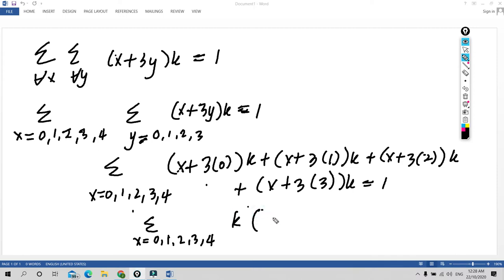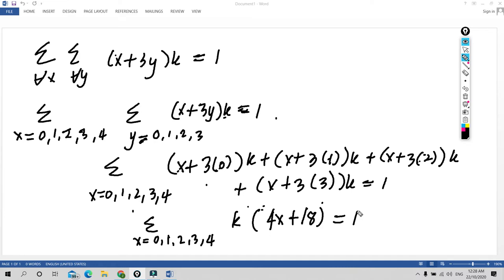We have 1, 2, 3, 4x, plus 3 plus 0 plus 3 is 3, 3 plus 6 is equal to 9, 9 plus 9 is equal to 18. So 4x plus 18, this is equal to 1.